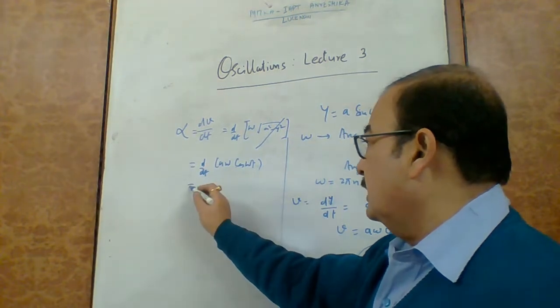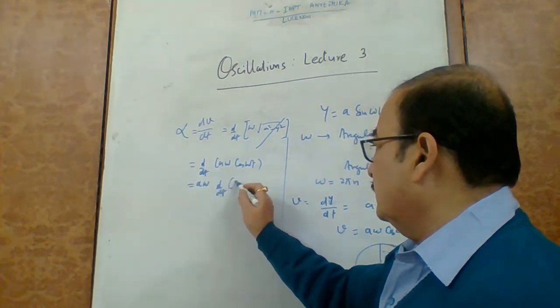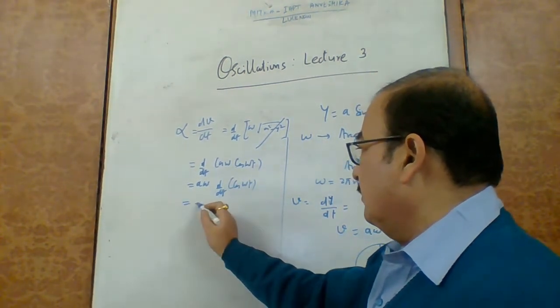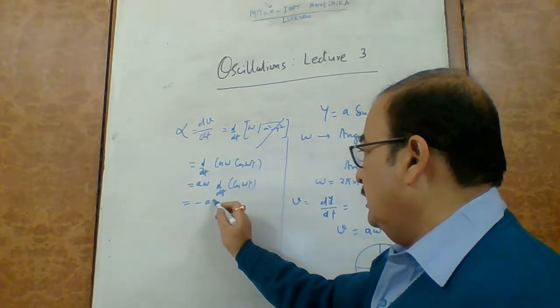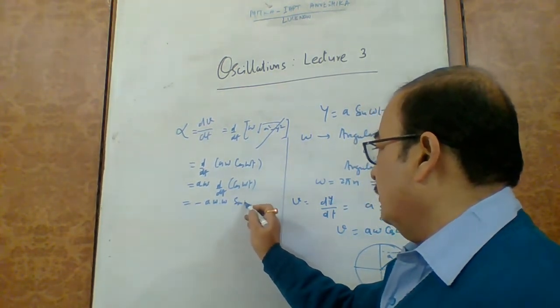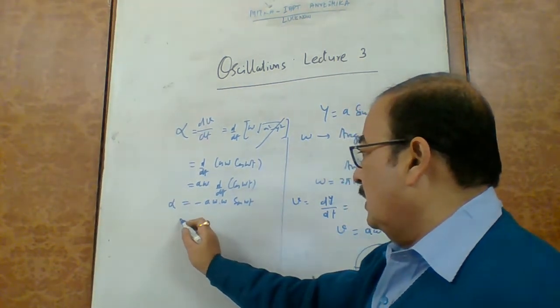With a omega taken out, d upon dt of cos omega t gives minus a omega into omega sine omega t. This is your alpha.